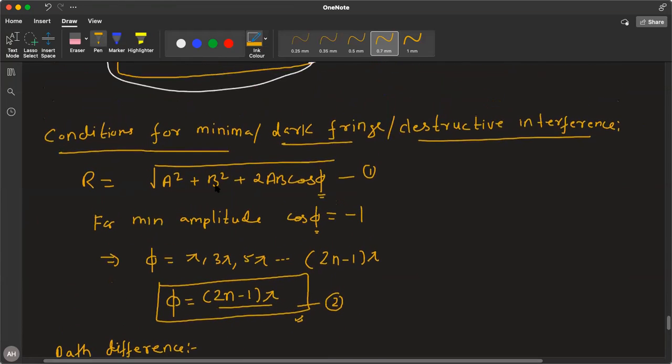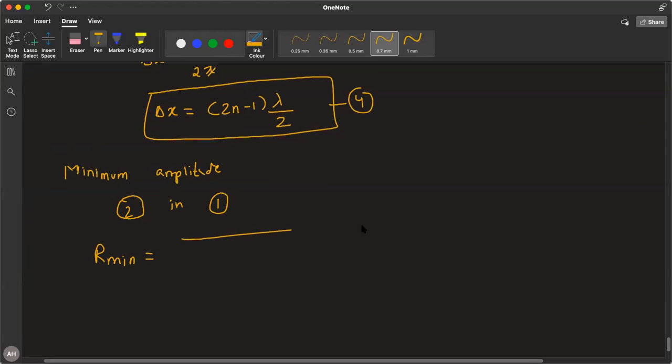root over a square plus b square plus 2ab cos phi, cos 2n minus 1 pi. And how much is cos 2n minus 1 pi, Amalia?